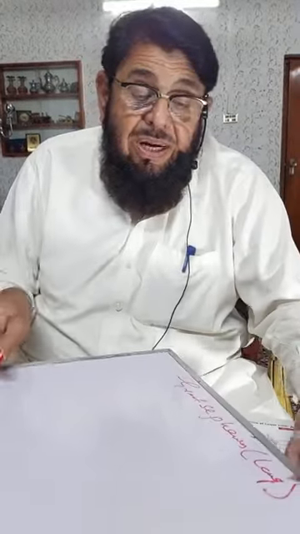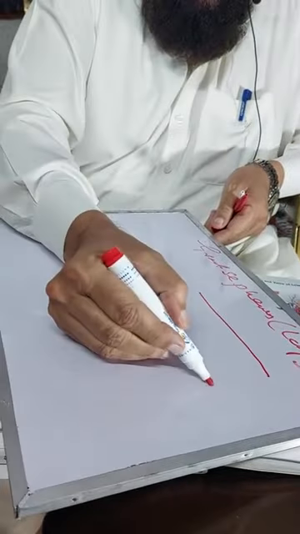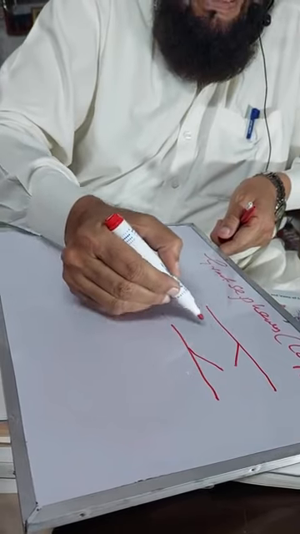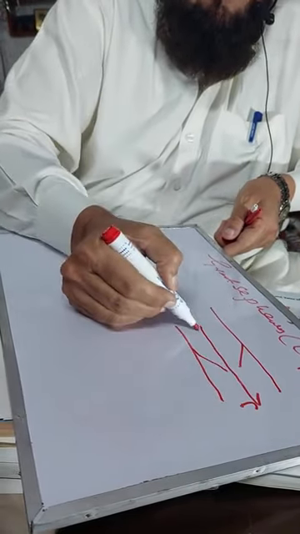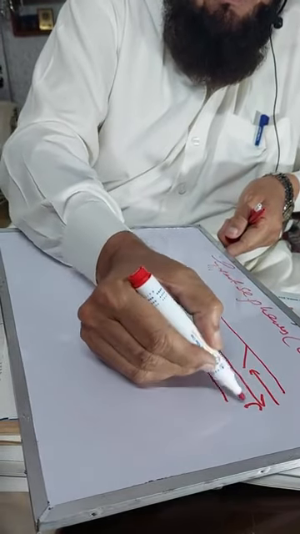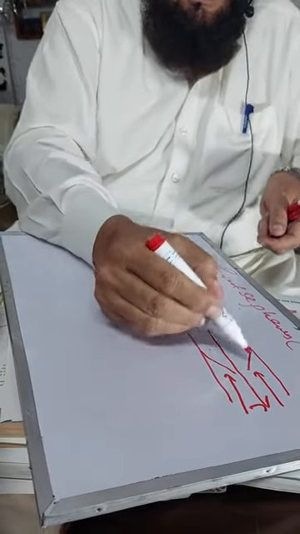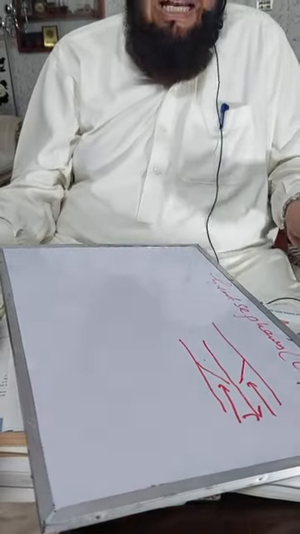Note the point. These valves are unidirectional. That is, they allow the blood from the distal to the proximal or from the inferior to superior part, but they do not allow the blood from the proximal or from superior to the inferior side. In this way, the venous return is established.